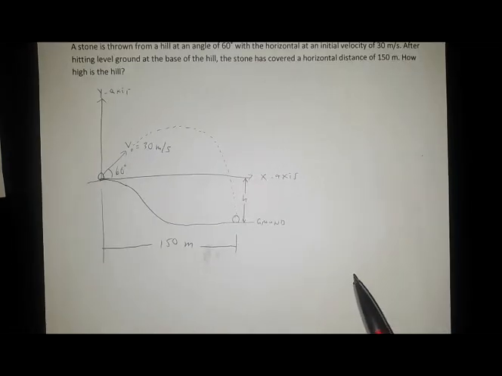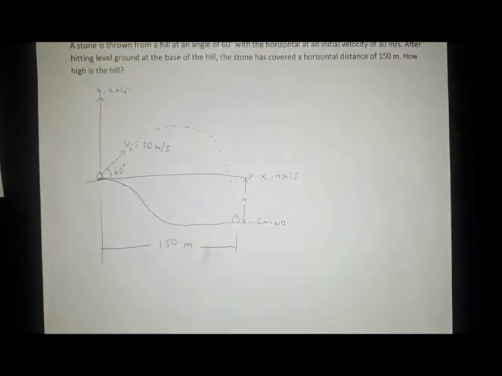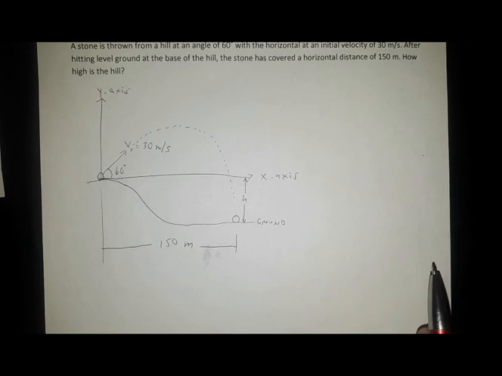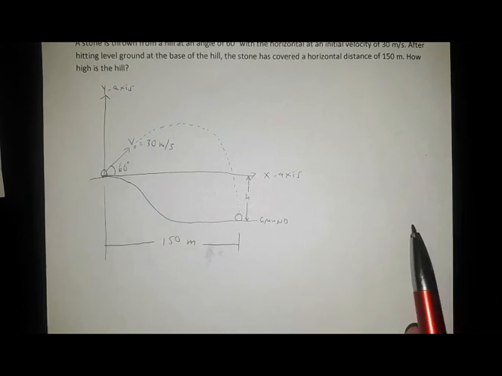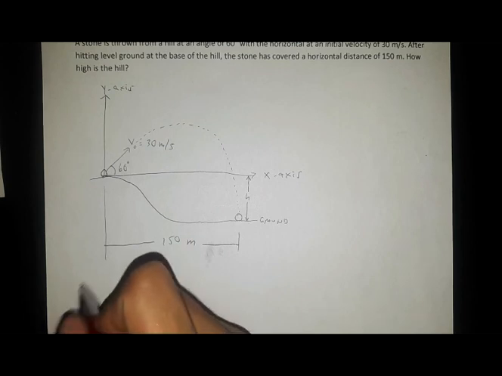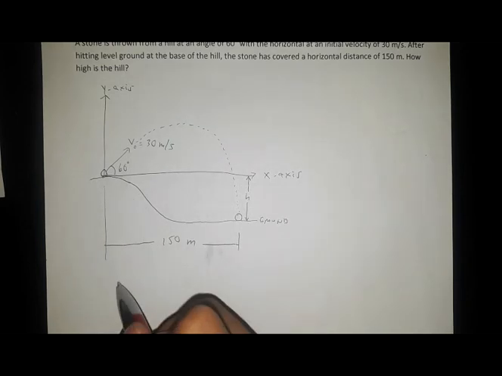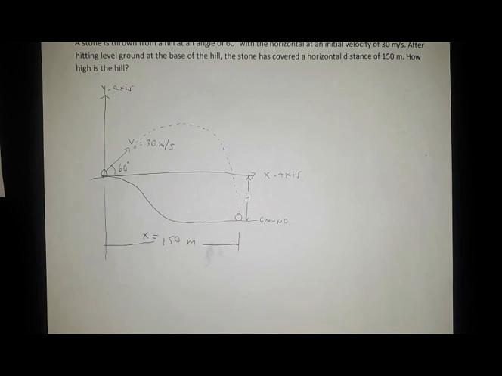So to solve for the problem, we need to identify the equations that we are going to utilize. So we have five equations derived from the kinematic equations of motion. So we have our initial velocity, 30 meters per second, x is equal to 150 meters, and the angle is 60 degrees.